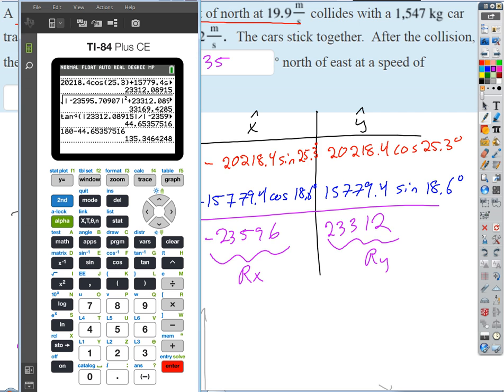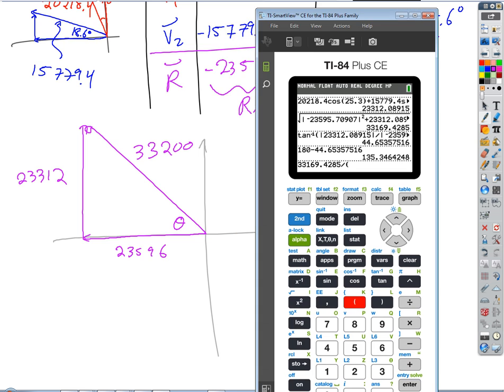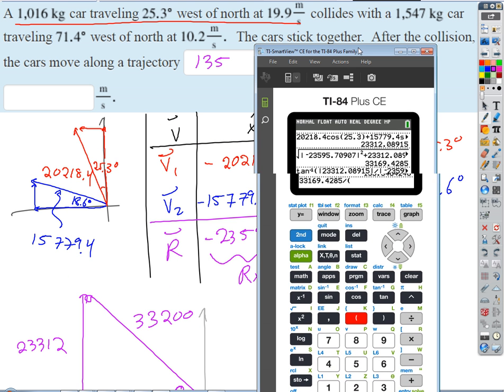Remember that momentum equals mv, so v equals momentum divided by m, right? So we've got to take our combined momentum, total momentum of the system, and divide that by the sum of the two masses, which I don't remember, so I gotta go and look.